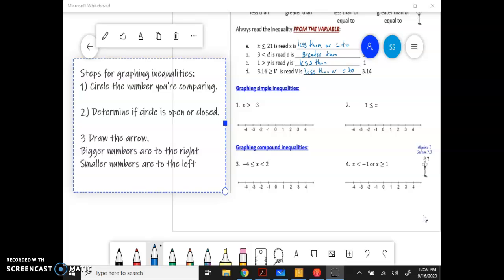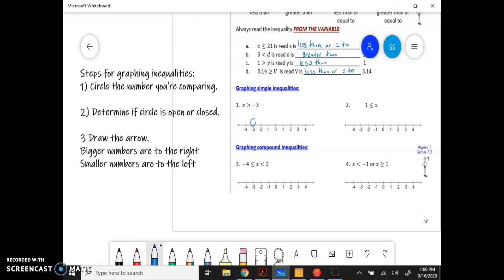So number 1, it's x something -3. I'm going to say that I don't really know what that is yet. So I'm comparing x to -3, so I'm going to circle it. Now number 2, determine if it's open or closed. The only thing that matters is, is there a line underneath this or not? There is not. So this is going to be an open circle.